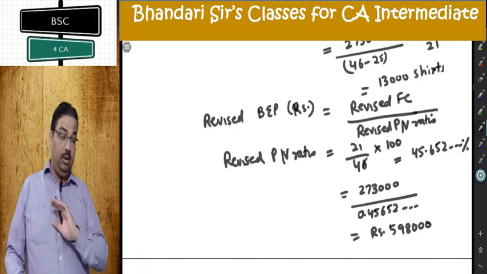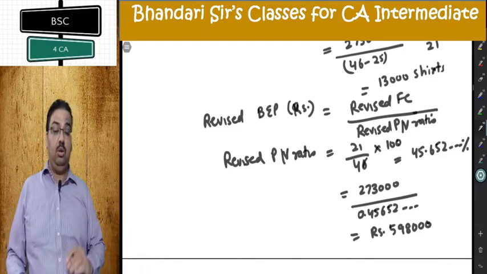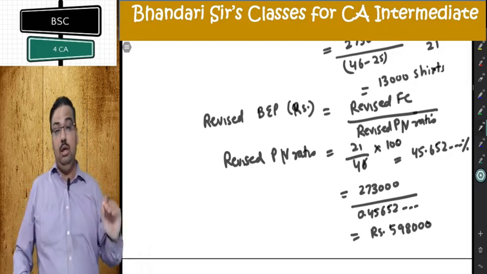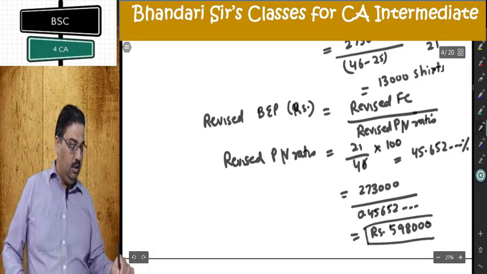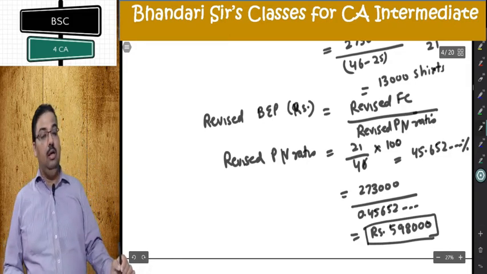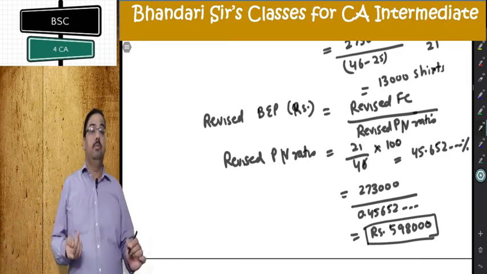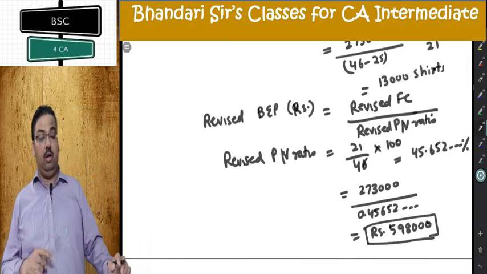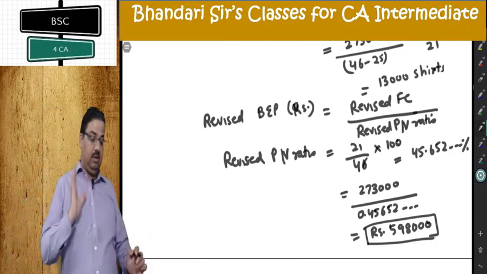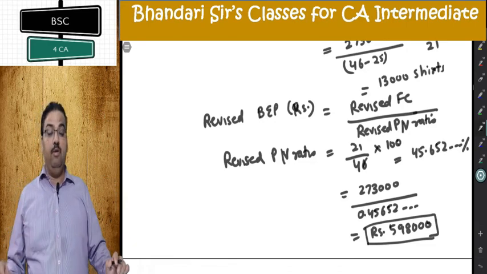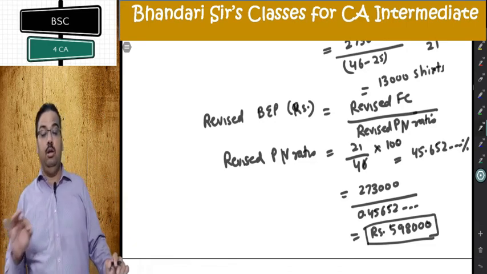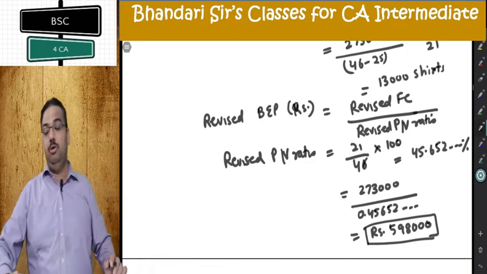Be sure that you are doing all calculations to perfection. Rupees 5,98,000 is the perfect answer. It can be verified: 13,000 multiplied by 46 per unit makes 5,98,000 rupees. So the revised break-even point is computed on the basis of the changed terms which were given to me.